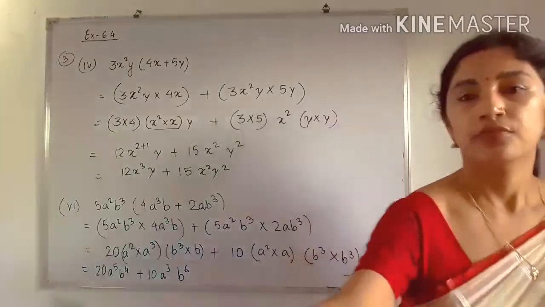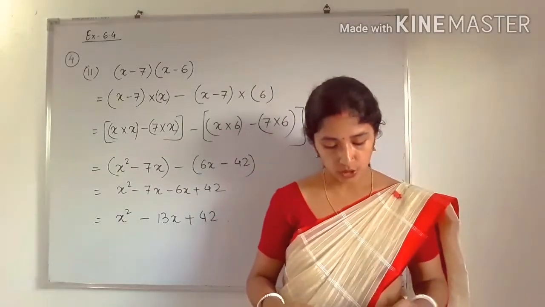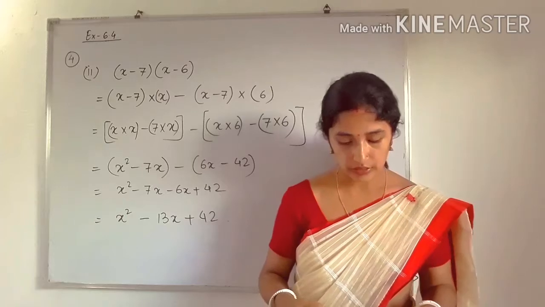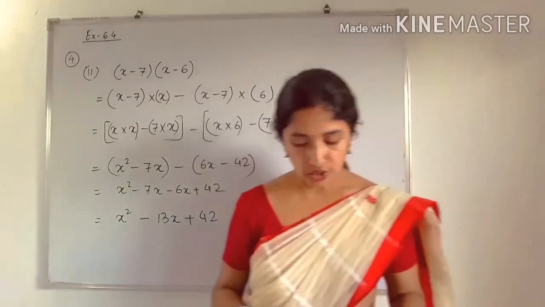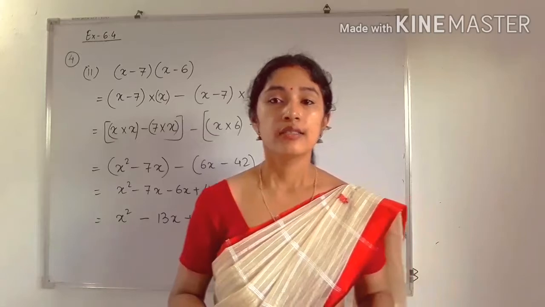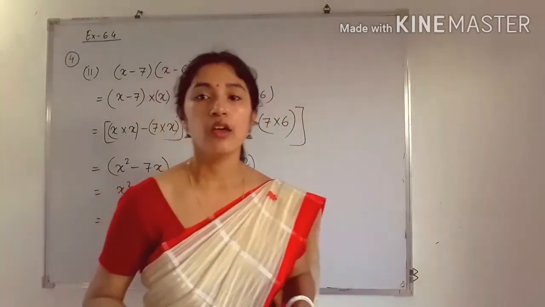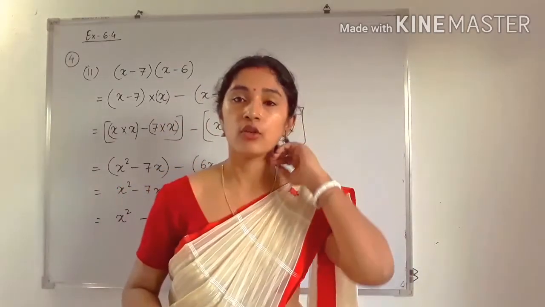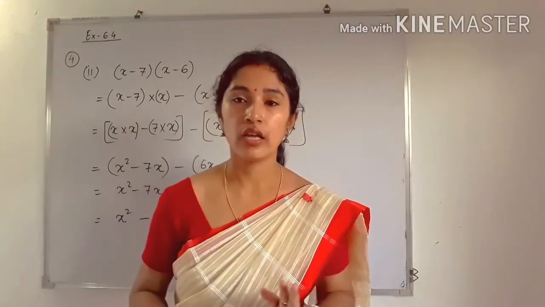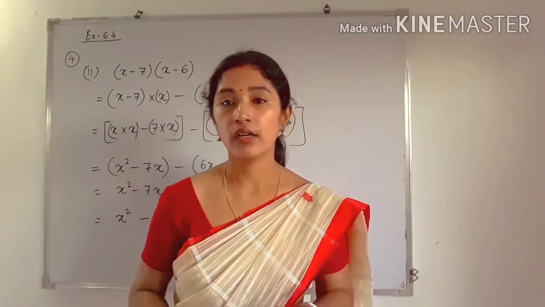So students, see one thing, question number 2 and 3, these two questions. In question number 2, we are multiplying a monomial with a monomial. Similarly, in question number 3, we are multiplying a binomial with a monomial. Already I have discussed that a monomial is a polynomial having only one term.